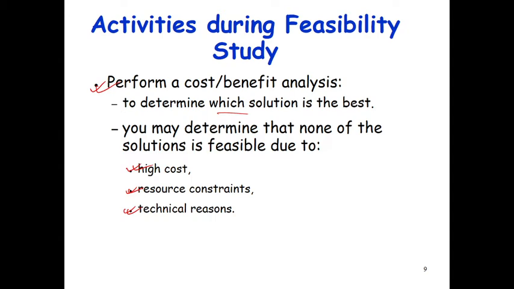Then you can say that it failed the feasibility study phase. Okay, it cannot get through the feasibility study phase. So because of high cost, resource constraints and technical reasons, you can discard your project. Okay, so this is the main thing.